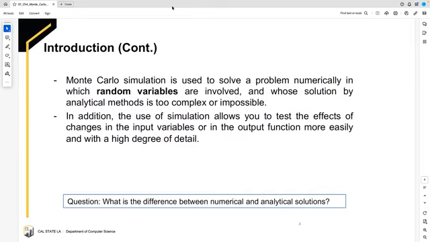You get to see what I mean when I say estimation, right? We need to work with probability in order to come up with that. But that's the gist of it. In addition, the use of simulation allows you to test the effects of changes in the input variables or in the output function more easily and with a high degree of detail. So once you have the numerical solution for a problem, you get to test different scenarios, and that's very helpful.